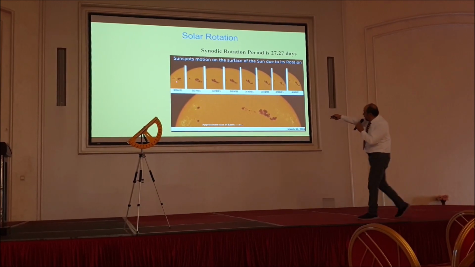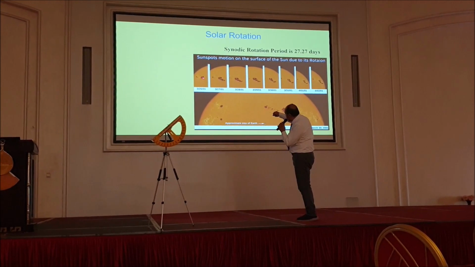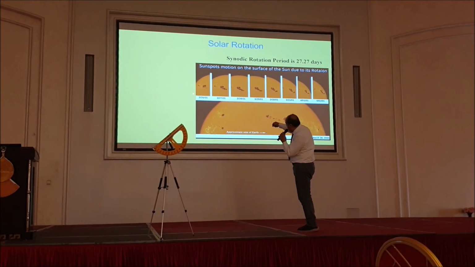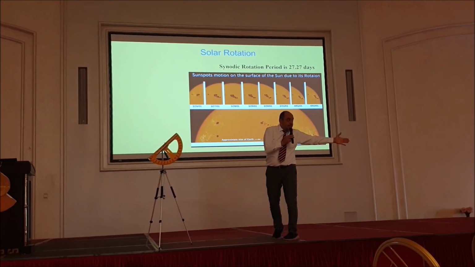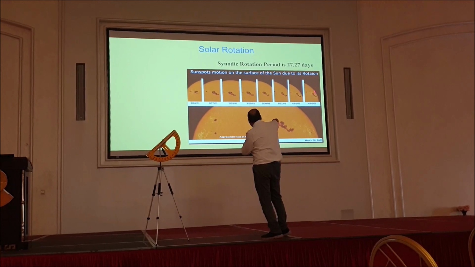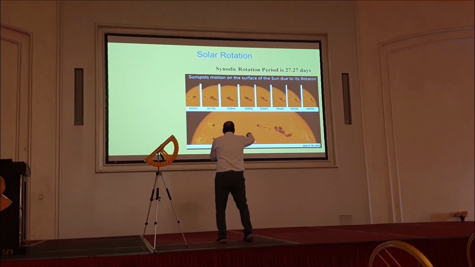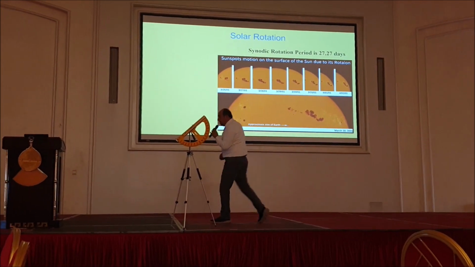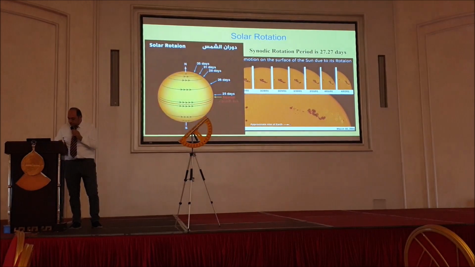So a sunspot starts appearing from the eastern limb of the Sun, and it moves, then it sets at the western limb of the Sun. We are going to follow up two of these sunspots.